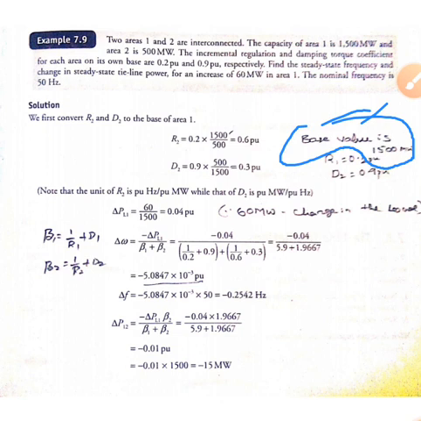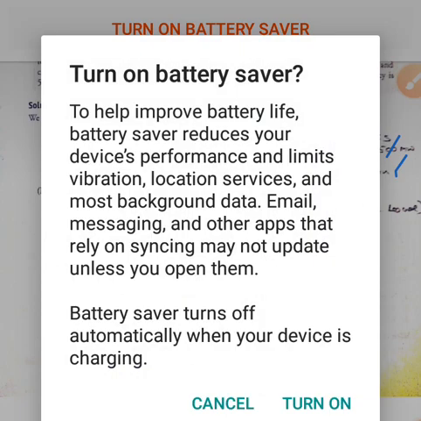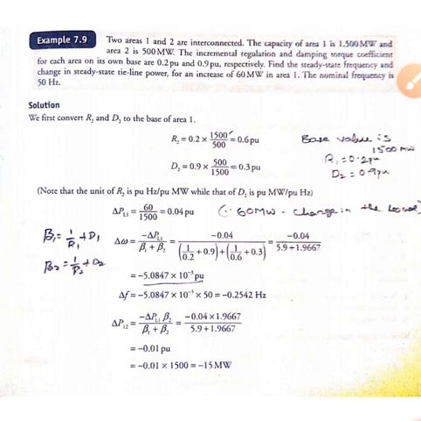If the base value is taken as 1500 megawatt, which is equal to the capacity of area 1, we can directly take R1 as 0.2 pu and D1 as 0.9 pu, because the base value is equal to the generating capacity of generator 1.